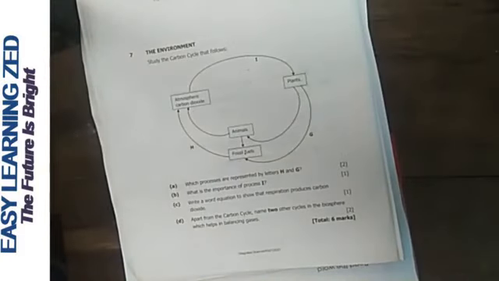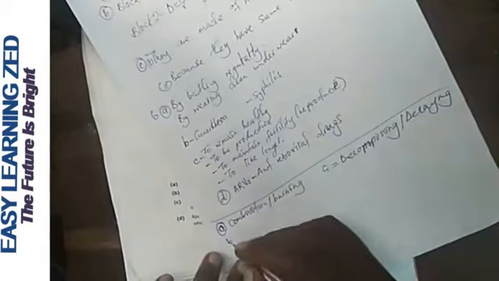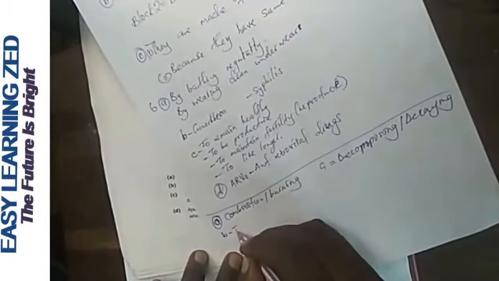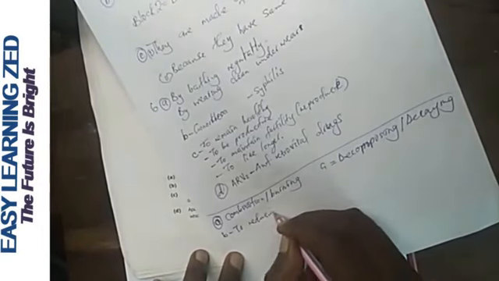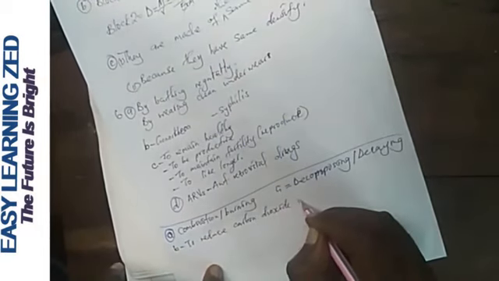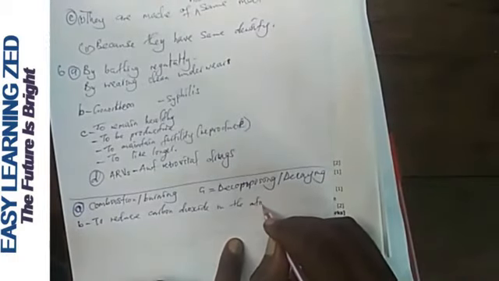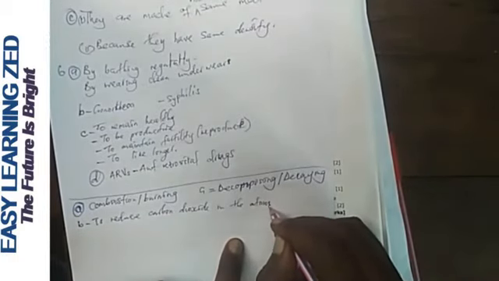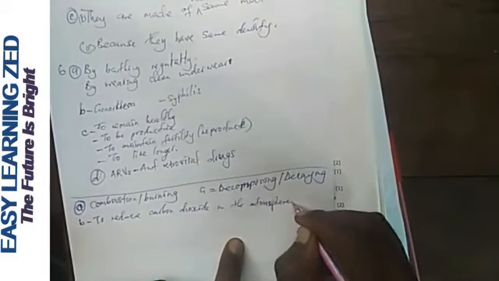So, okay, what is B? What is the importance of I? It will reduce carbon dioxide in the atmosphere.